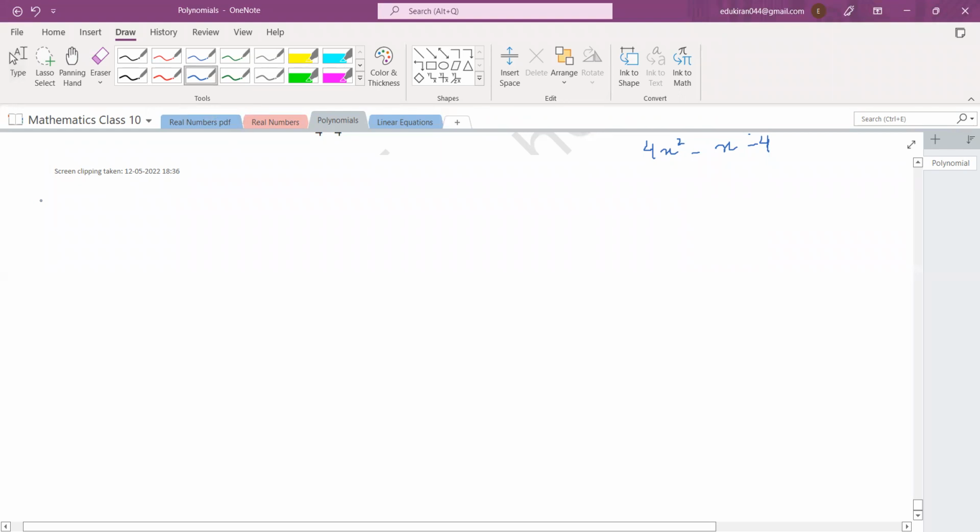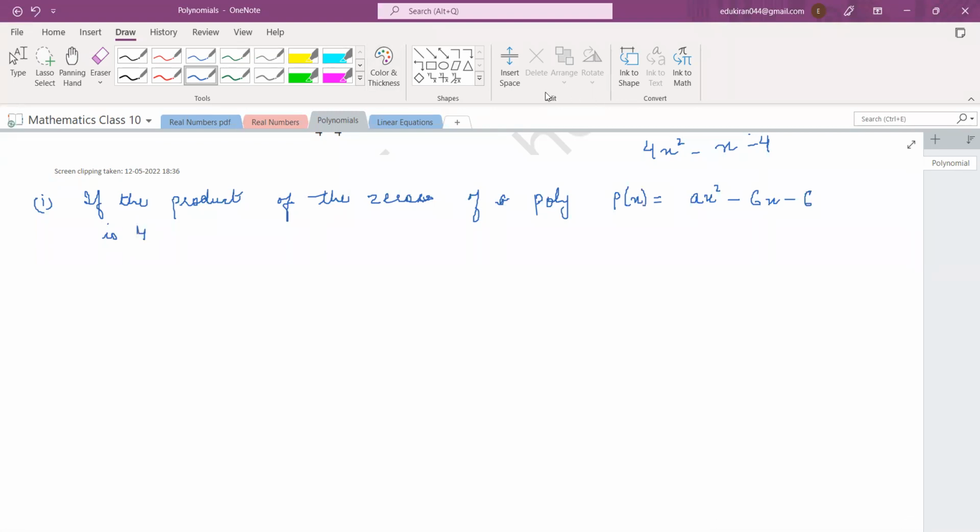For example, you can note the question and I'll ask you to solve it. If the product of the zeros of a polynomial p(x) equal to ax square minus 6x minus 6 is 4, find the value of a.